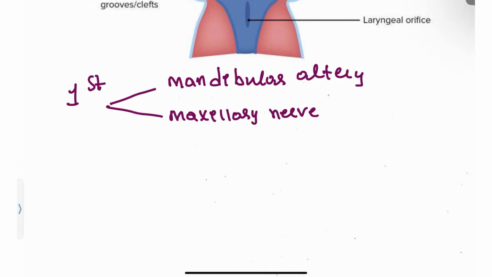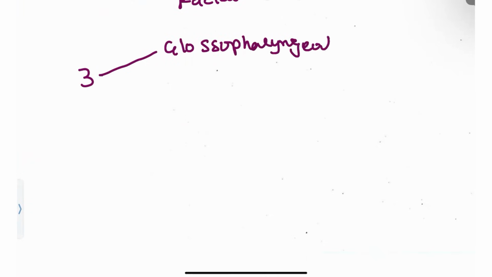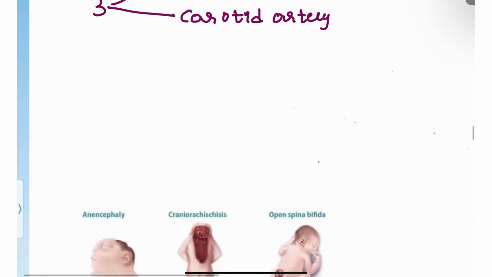In the second arch, there will be the stapedial artery and the facial nerve. And the third one, the glossopharyngeal nerve, and along with that, the carotid artery. Okay, this is the third pharyngeal arch.